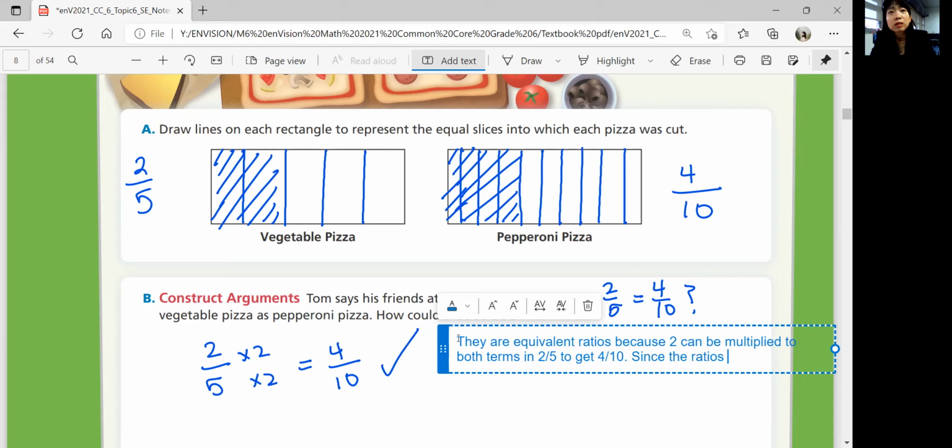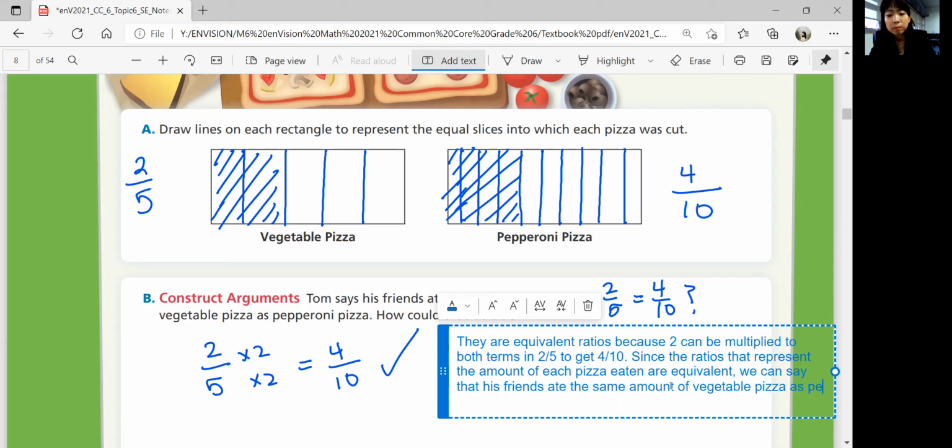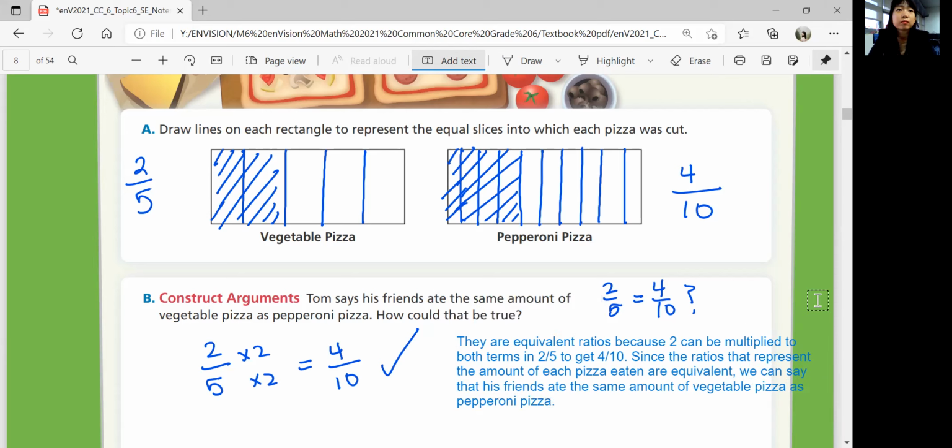Since the ratios that represent the amount of each pizza eaten are equivalent, we can say that his friends ate the same amount of vegetable pizza. Okay.